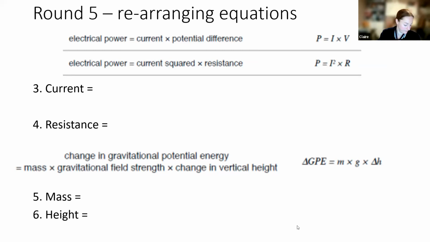Made me jump, that did. Right, so that is 30 seconds. How are we doing? Has anyone done number 3 yet? And number 4? If you have, you can type it in the chat.